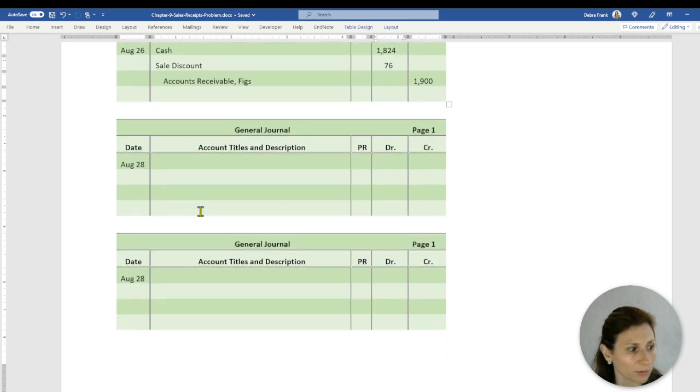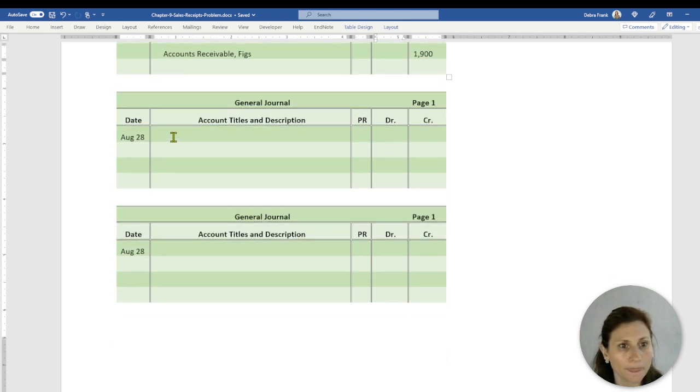Cash was 6,600. And then we have sales. And then we have to record the associated cost, and that also reflects that the inventory is not there anymore.